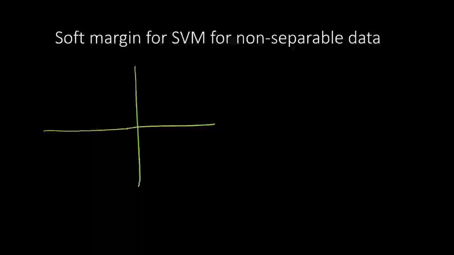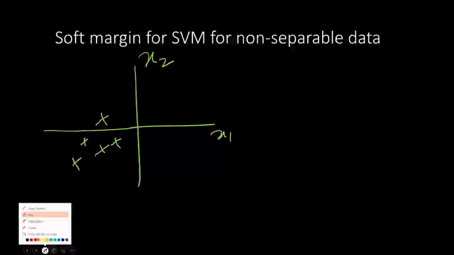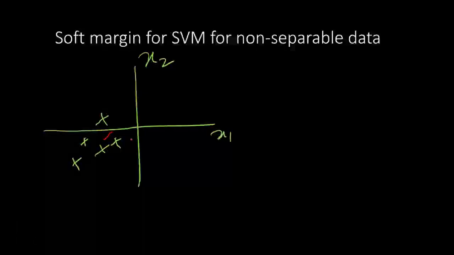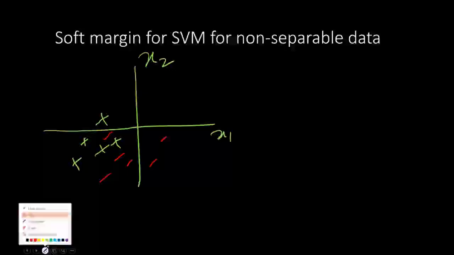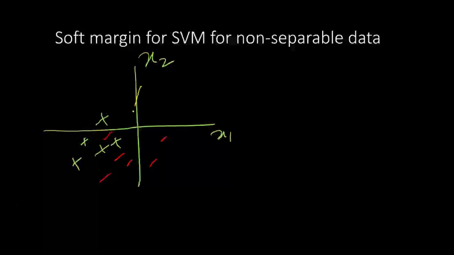Now, what happens if the points are not separable? So let's say again we have x1 and x2 plane, and in that x1 and x2 plane we have some positive points and we have a stray negative point that is inside the margin, surrounded by some positive points, but largely it is separated. Can we still find a hyperplane that divides the two? Okay.